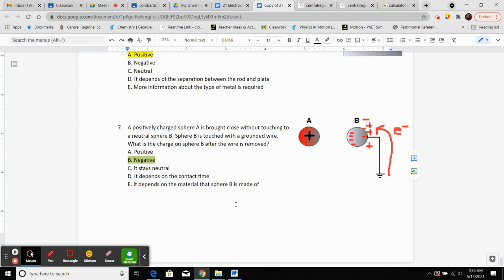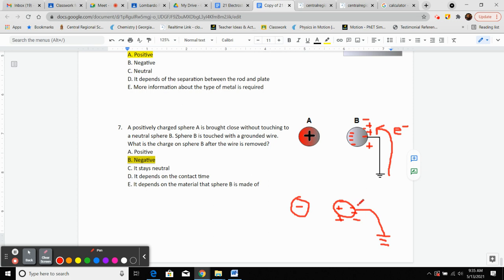This would be the reversed scenario. If this was negatively charged, it would be the reversed scenario of this. So if this was negative, this side is positively charged, this side over here is negatively charged. Then they bring the grounding wire in, and because this side is negatively charged, to try and neutralize it, they're like, yeah, you have way too much negative charge over here.